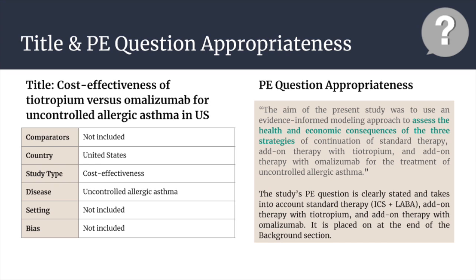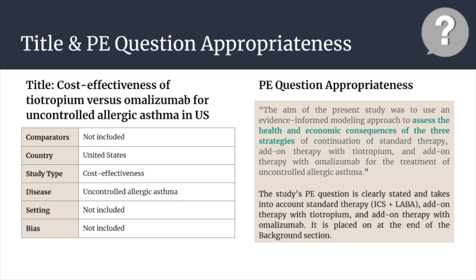I stated earlier that the economic analysis was a cost-utility analysis since quality-adjusted life years were analyzed. The authors called the study a cost-effectiveness study, and as we learned, a cost-utility analysis can be considered a subgroup of a cost-effectiveness analysis, so the study type stated by the authors is still appropriate.